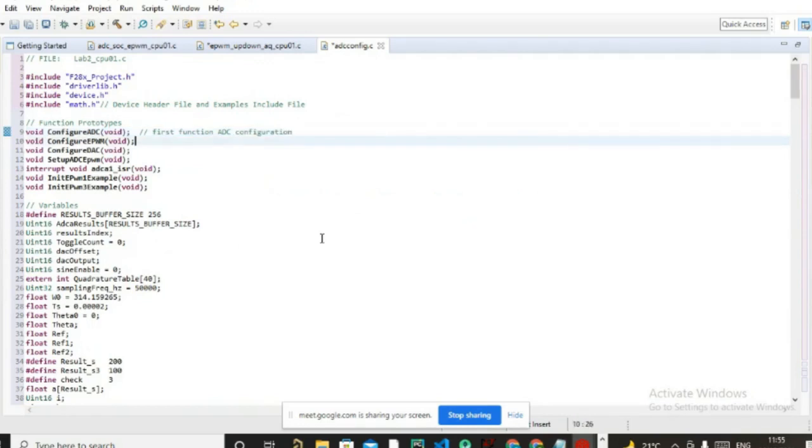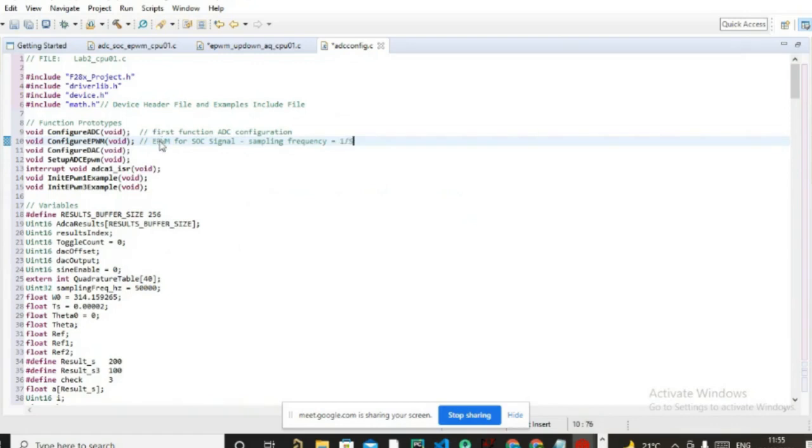Then you have the second function. This is also a predefined function, just like the initial EPWM1 example. In this function, you can configure your EPWM. We are configuring EPWM for the start of conversion signal. The start of conversion signal decides the sampling frequency of your ADC, and the sampling frequency of your ADC will decide the running rate of your ISR.